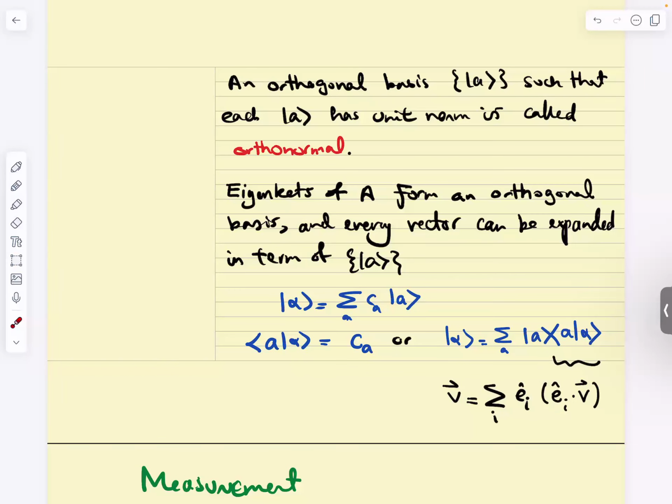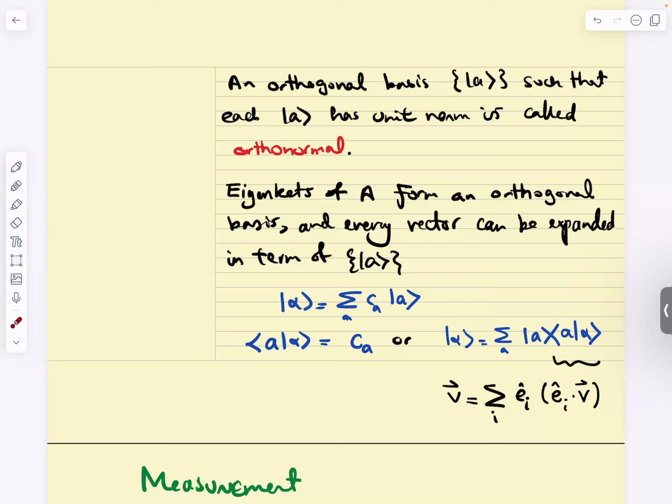It's an orthogonal basis, right? And if it's convenient to make these guys unit norm, then we can always represent observables using their eigenbasis, which is orthonormal, right? Orthogonal, pairwise perpendicular, and unit norm for every eigenvector.